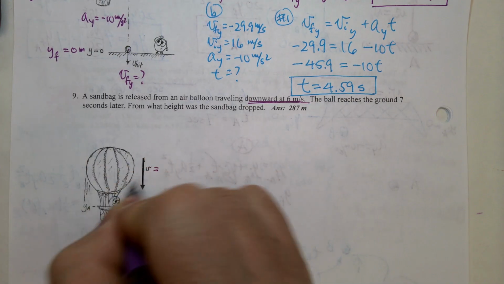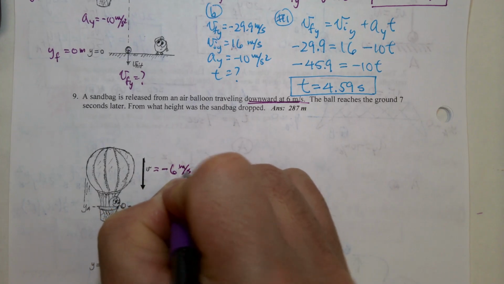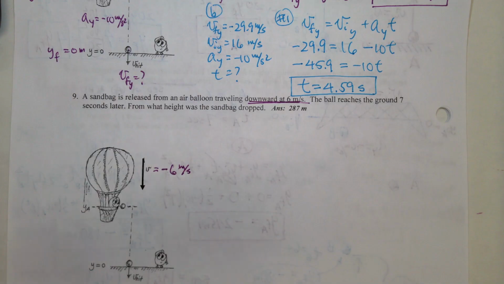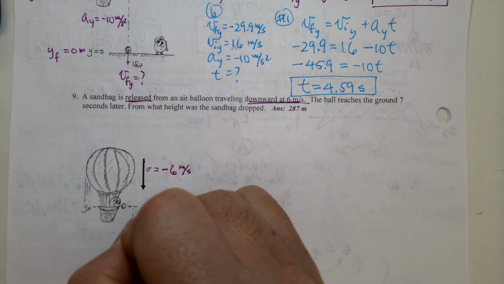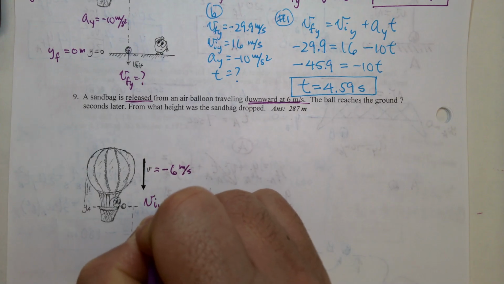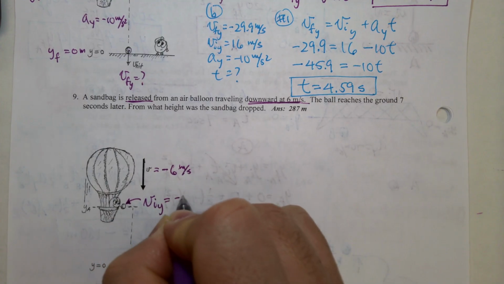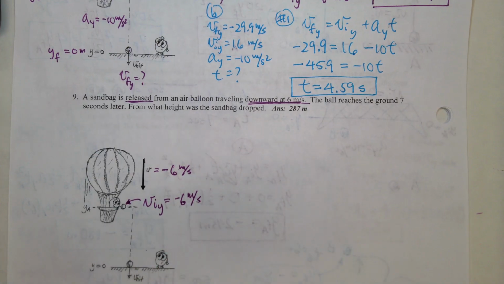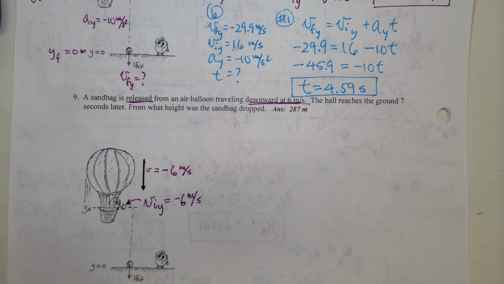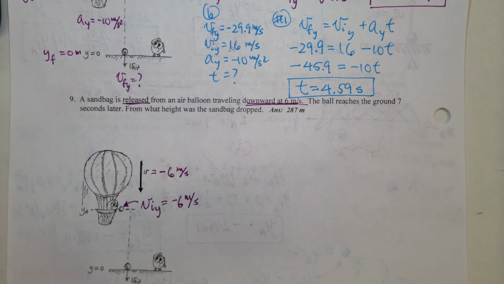So the moving platform has negative 6 meters per second velocity, and the sandbag is released. Therefore, my VIY of the sandbag is equal to negative 6 meters per second, exactly the same as the moving platform.